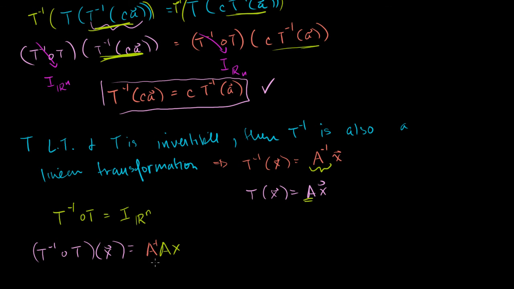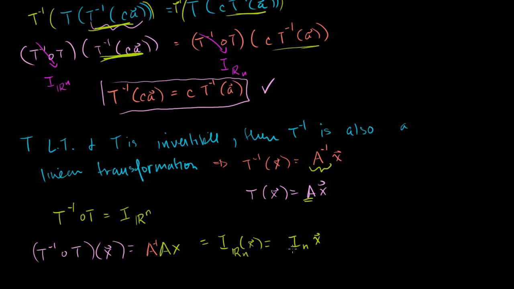When you take the composition, the resulting transformation matrix of two composed transformations is equal to this matrix product. We got that a long time ago. In fact, that was the motivation for how a matrix product was defined. But what's interesting here is this composition is equal to that, but it's also equal to the identity transformation on Rn applied to that vector x, which is equal to the identity matrix applied to x, right?